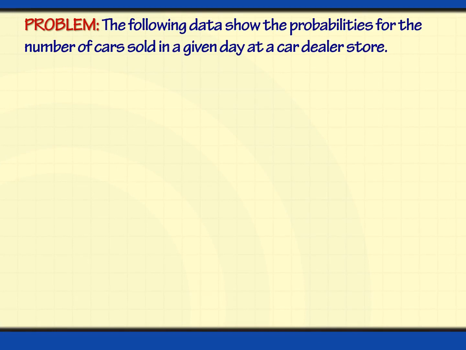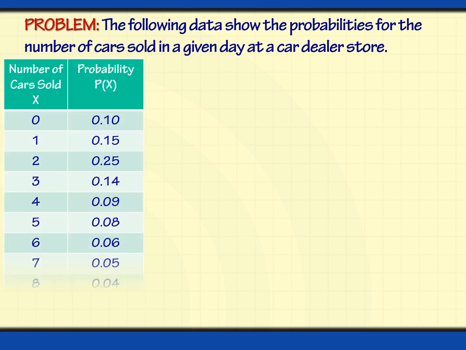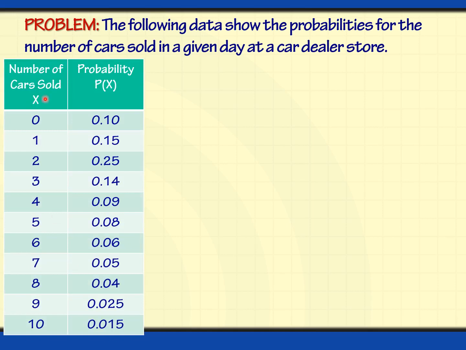Now let's have a sample application problem for probability distribution. The following data shows the probabilities for the number of cars sold in a given day at a car dealer store. On the first column, you have the possible numbers of cars sold in a day: no cars, or 1, 2, 3, up to 10 cars.